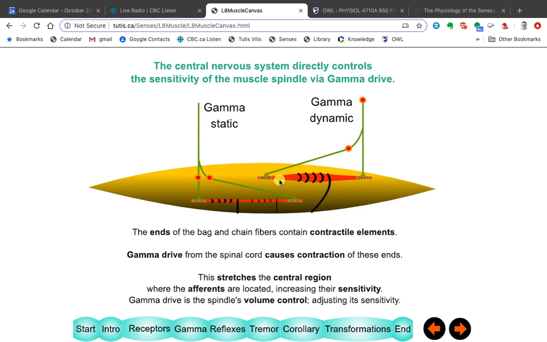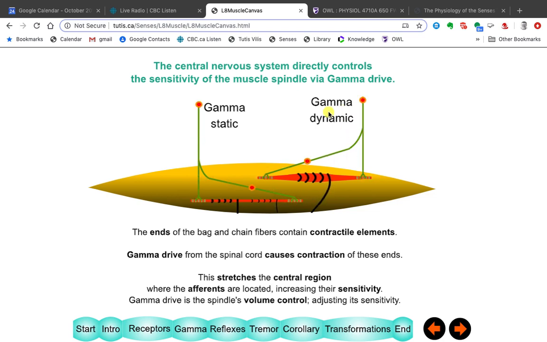Dynamic because it goes to the one with a bump in it, the bag fibers, and static because it goes to the chain fibers, because they signal position.